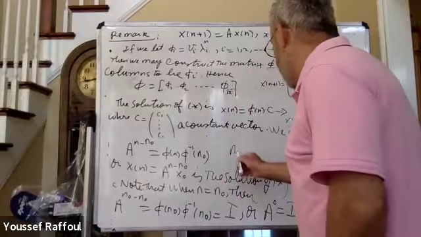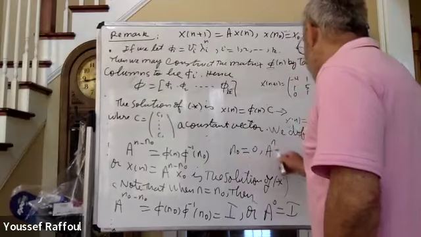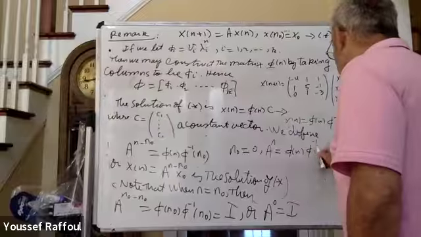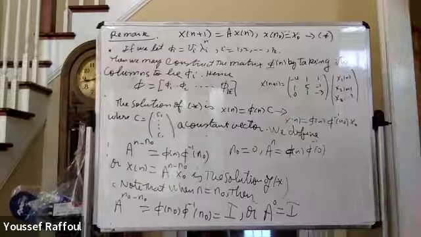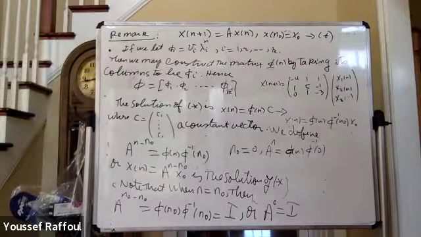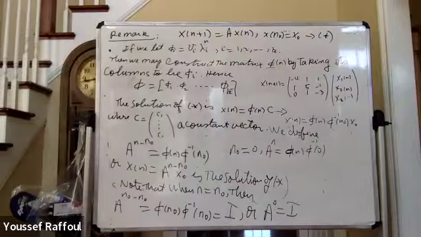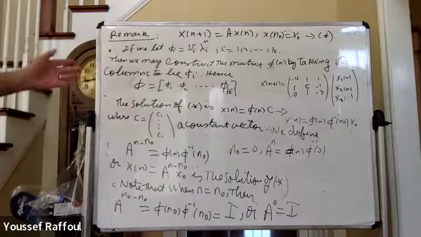For example, if n_0 equals 0, then A_n is phi_n phi inverse of 0. Okay? Most cases we'll take n_0 to be 0. All right. So we did the easy case where the eigenvalues are distinct.